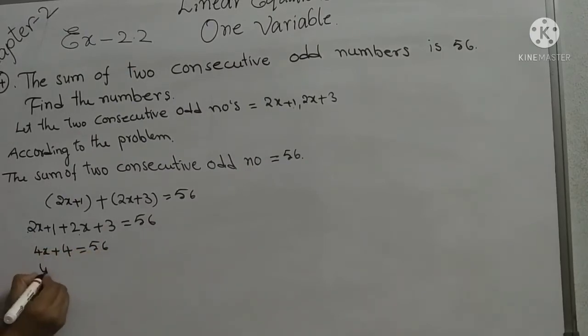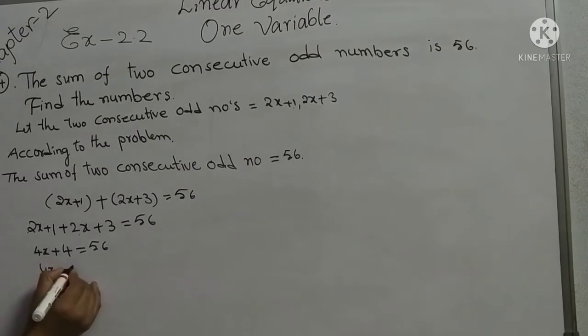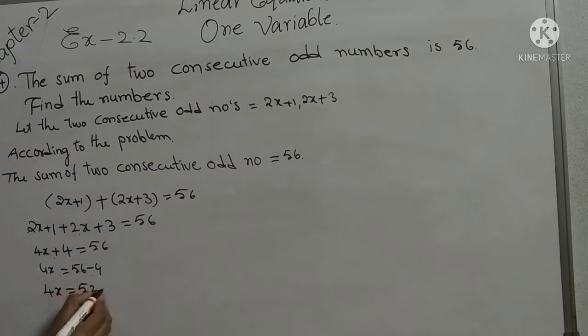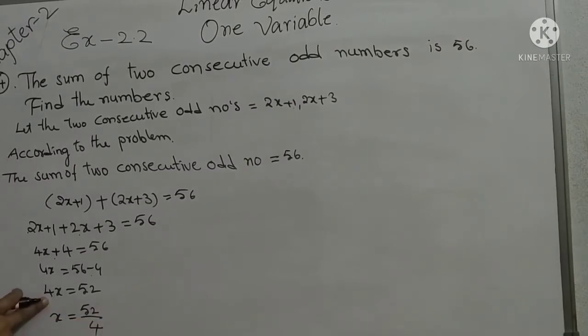Okay. So, 4x is equal to 56, transpose 4. Positive quantity becomes negative quantity when it goes outside. So, 4x equal to 52. 56 minus 4, 52. X is equal to 52 by 4. It is a multiplication quantity.